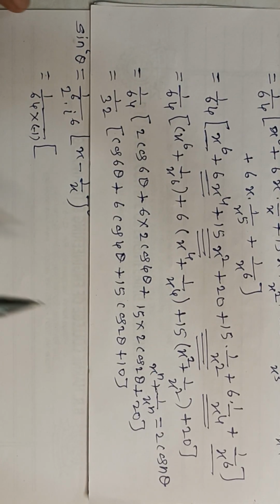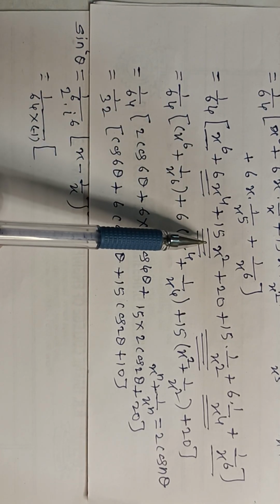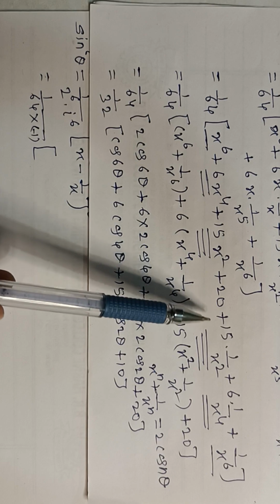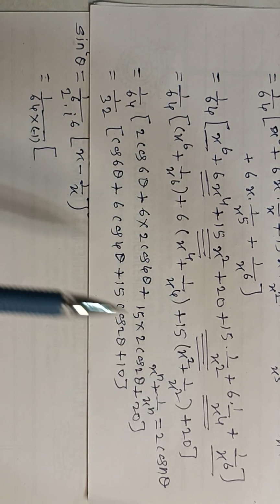You can see here the expansion like this, x raised to 6 plus 6x raised to 4. But here all terms are positive, and now here we want alternate plus minus signs.